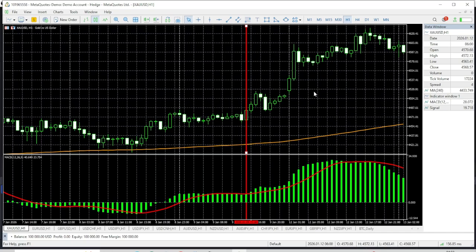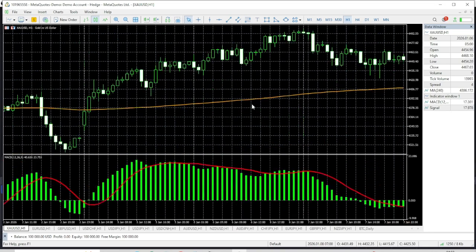So this technique is applicable to all markets, whether it is Forex or metals, indices, and what have you.